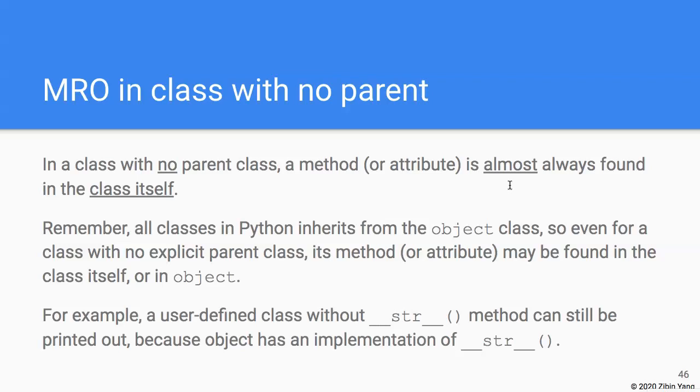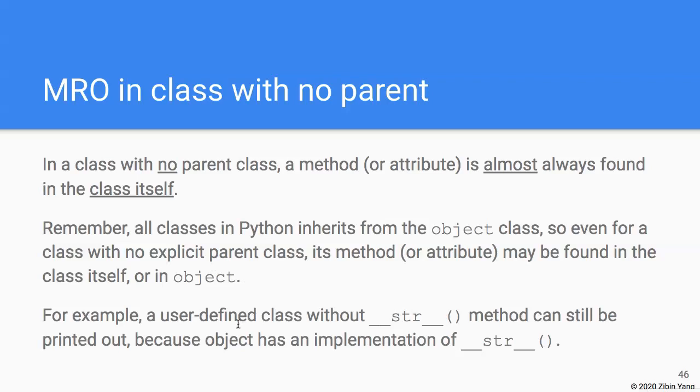If you remember, all classes in Python actually inherit from this object class. So even a class that doesn't explicitly inherit from any other class, its method may be found in the class itself or in object, right?